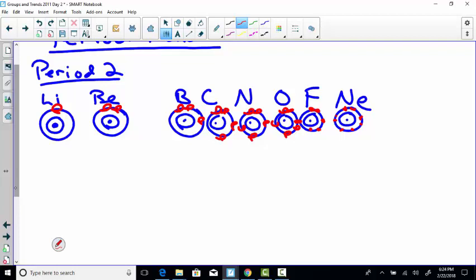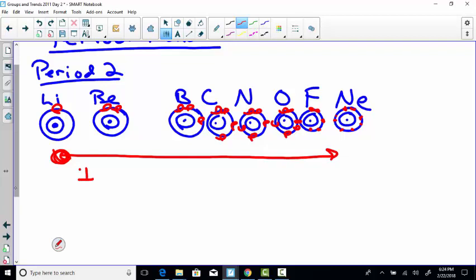One of the things that happens is as you go starting from here across, because you get more electrons, you get more attraction.